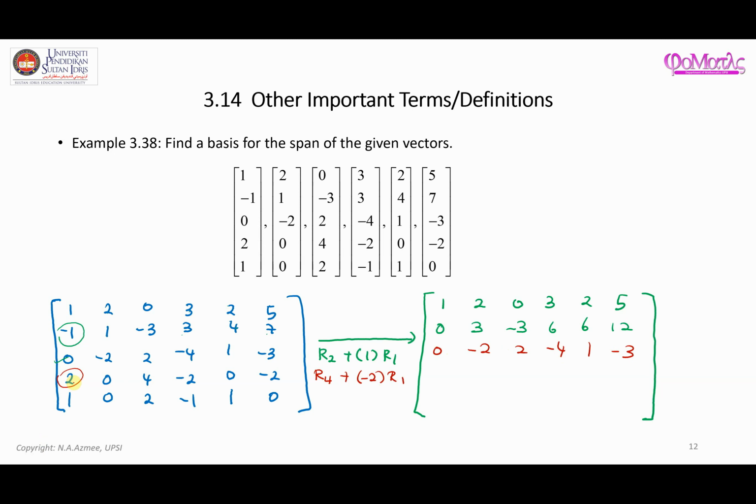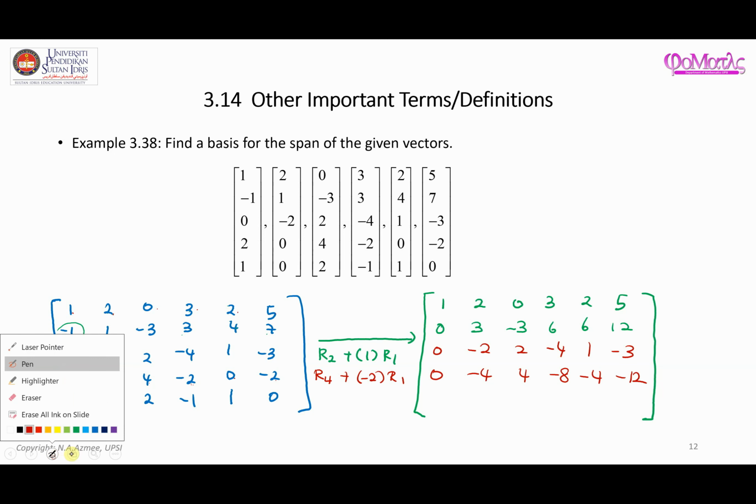So for this one is 2 minus 2, 0, 0 minus 4, negative 4, 4 minus 0 is 4, negative 2, negative 6, so negative 8, 0, negative 4, negative 2, negative 10, negative 12. Okay, so that's the result here.